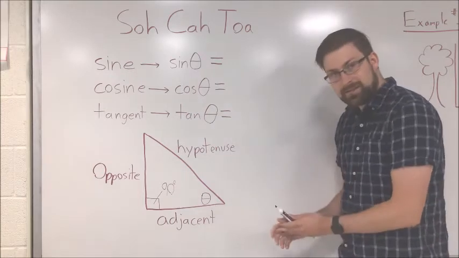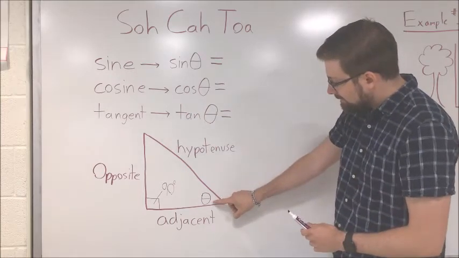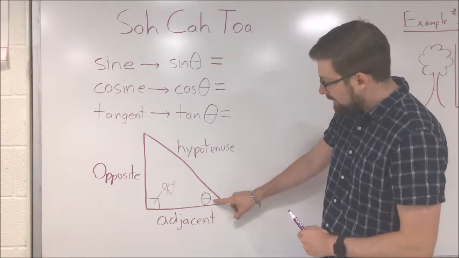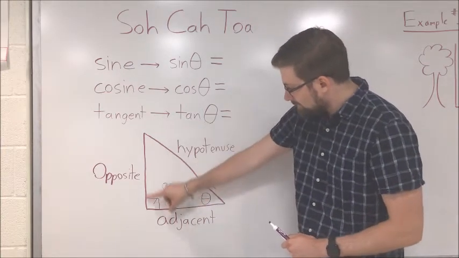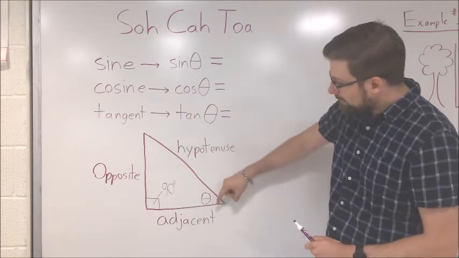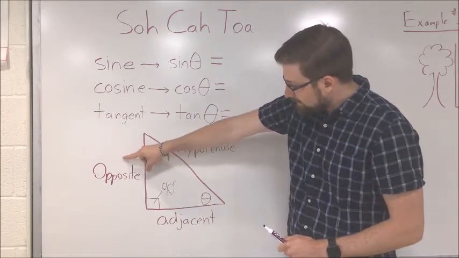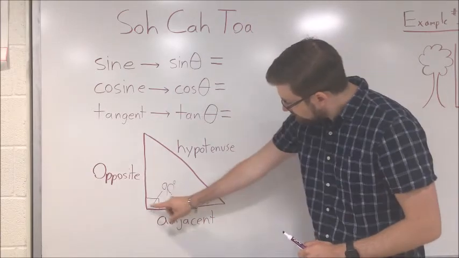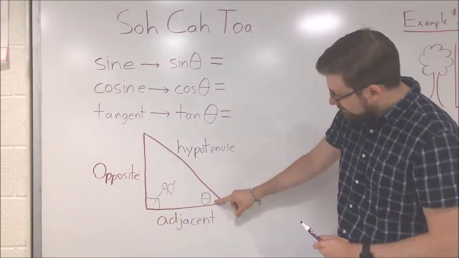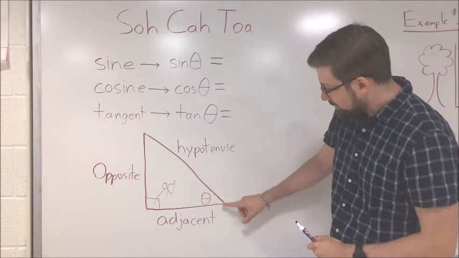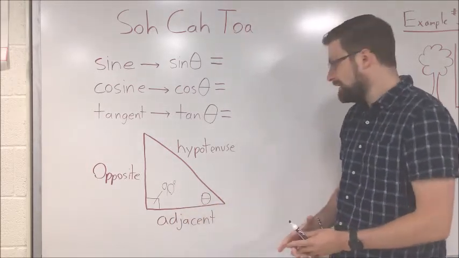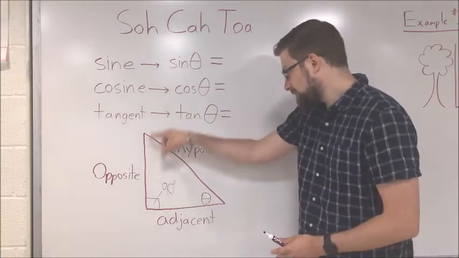Now when you look at the other sides, the side that is opposite, farthest away from this angle, is this side of the triangle. It's furthest away from it, and so we call that side the opposite side, okay? And then this side, this runs right alongside the angle with the hypotenuse. But this is not the hypotenuse. This is one of what we call the legs of the triangle, these two extra sides.